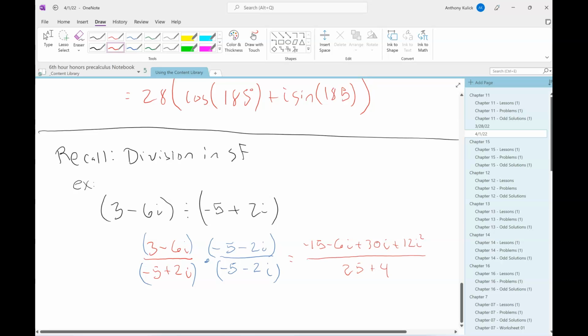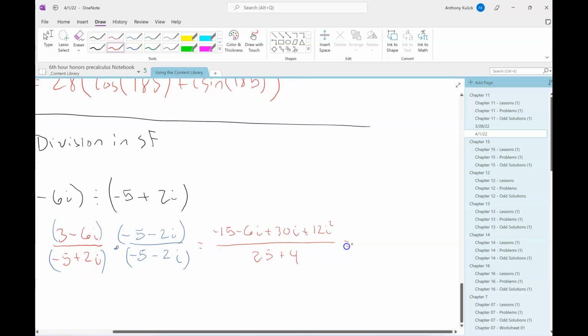Again, I used the difference of two squares multiplication pattern. You can always FOIL that out, you'll get the same answer. It just takes a couple extra steps, and Mr. Kulik's about brevity, my man. So I'm going to take that shortcut whenever I can. I would prefer to think about it as being efficient. It sounds less negative than taking a shortcut.